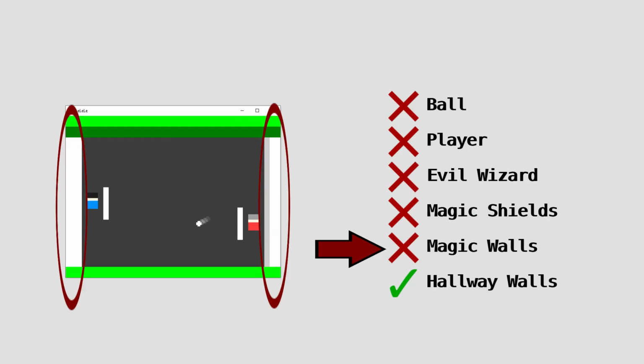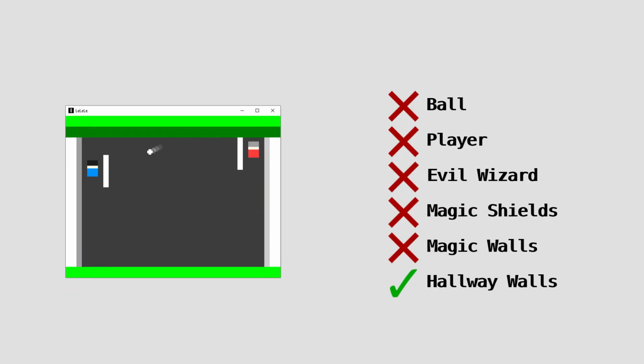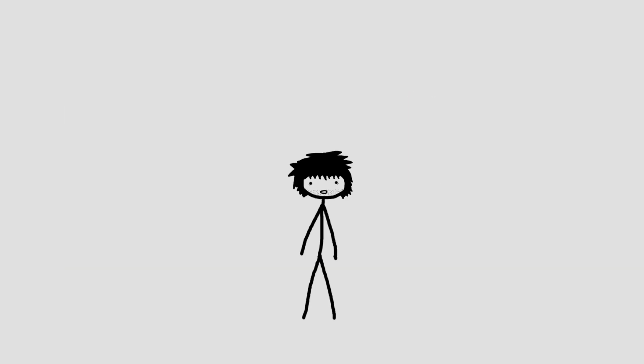So now, we're gonna convert the magic walls into actual entities. Just the magic walls to keep this step short, and the other map elements can wait. So yeah, let's do that.